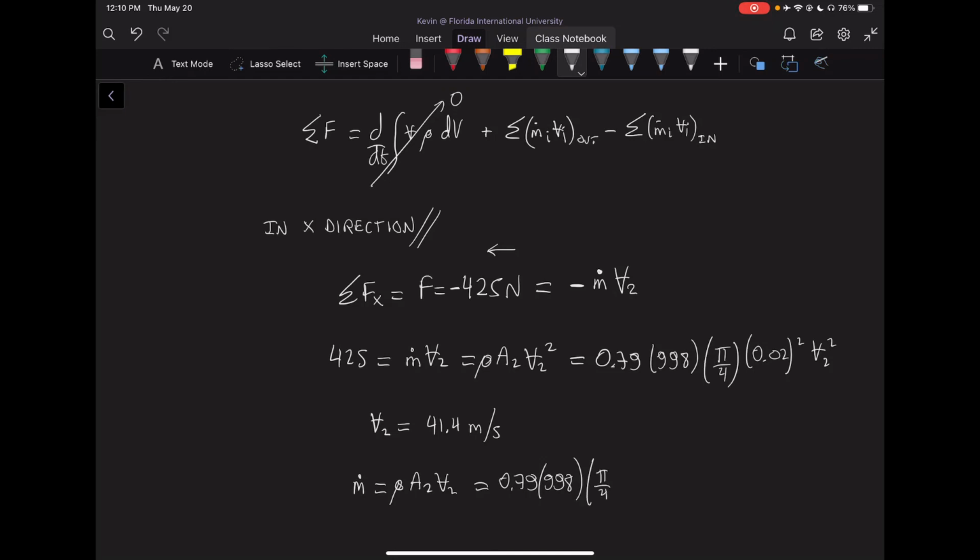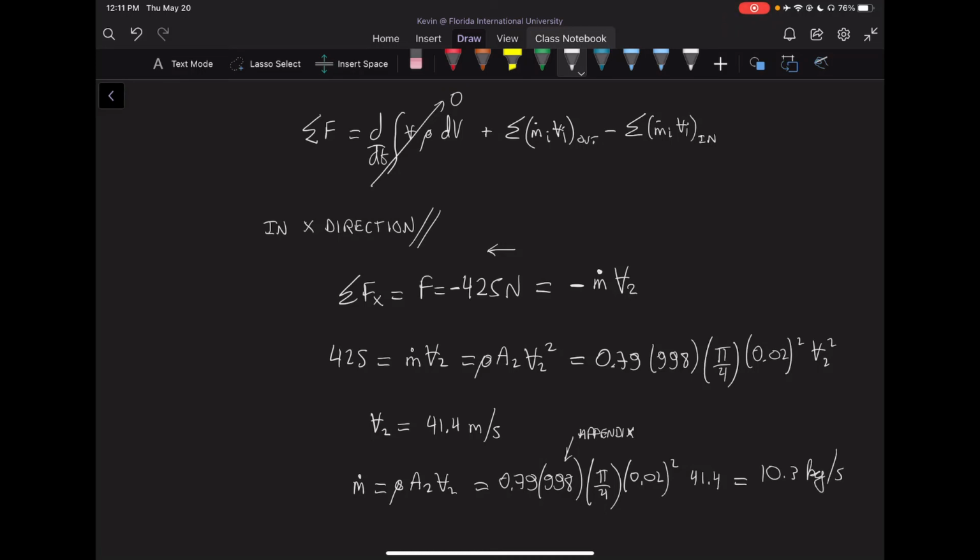You can find this in the appendix. Multiplied by pi over 4 times 0.02 squared times 41.4 would give you the mass flow rate, which is equal to 10.3 kilograms per second.